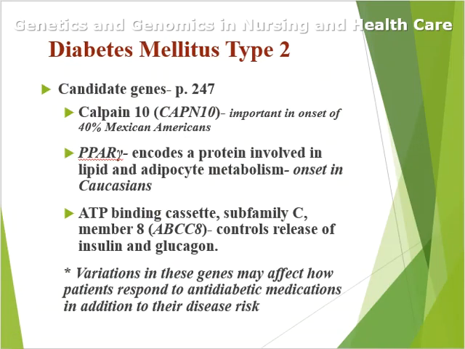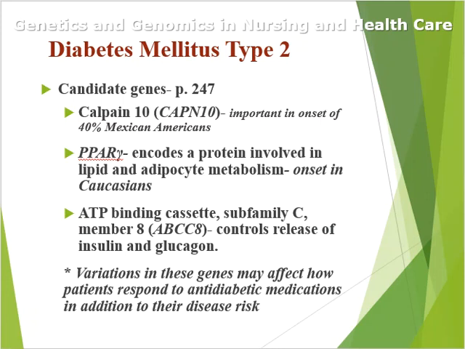Okay, there are candidate genes associated with diabetes mellitus type 2. So like we said in the first slide, there's multiple genes that are a factor here. Okay, and they each exert a small effect, and each gene varies between racial backgrounds as well. For example, the calpain-10 or the CAPN10 gene is important in the onset of diabetes mellitus type 2 in 40% of Mexican Americans.